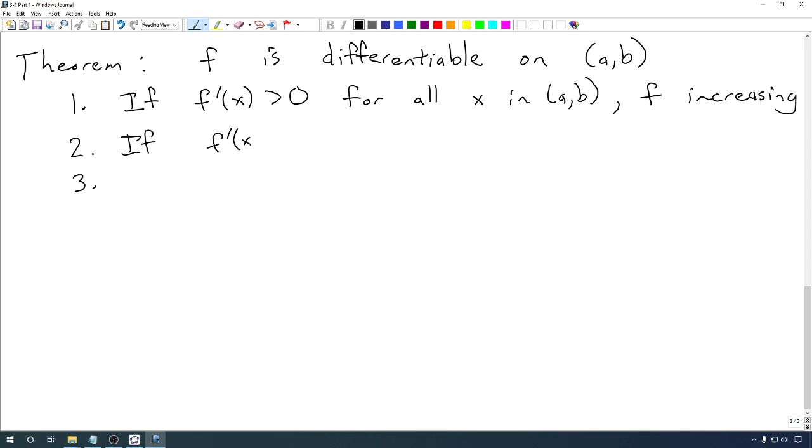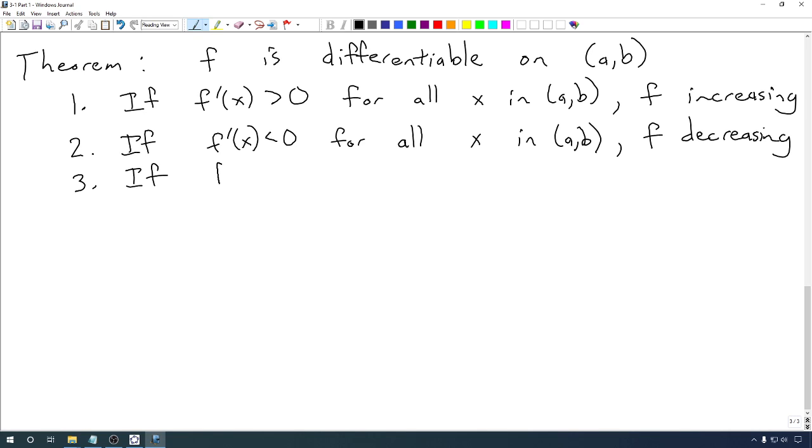If the derivative is negative for all x in the interval, then f is decreasing. And finally, if the derivative of f is 0 for all x in the interval, then f is constant.